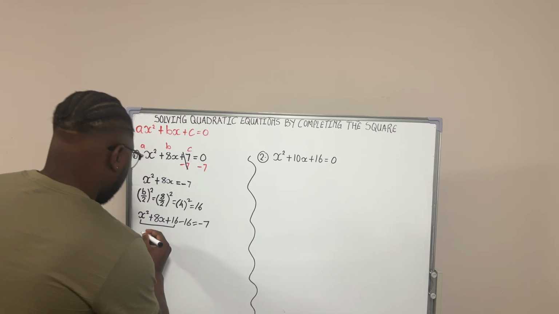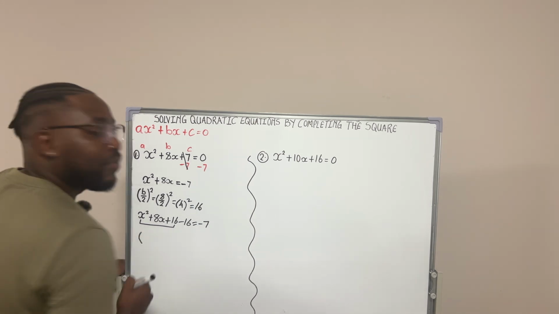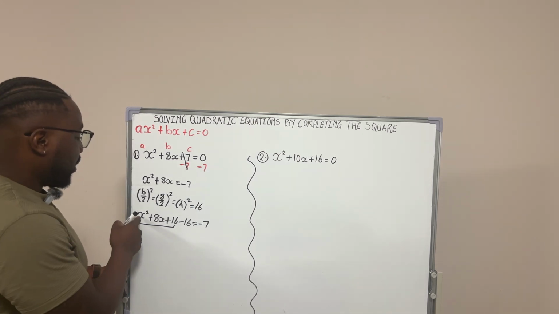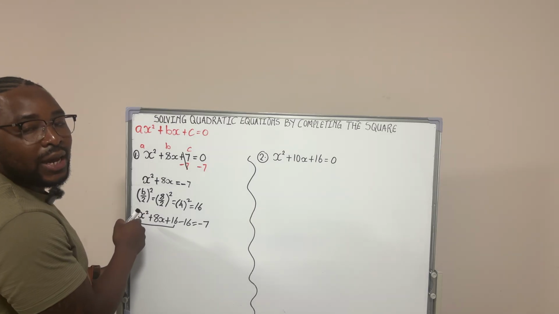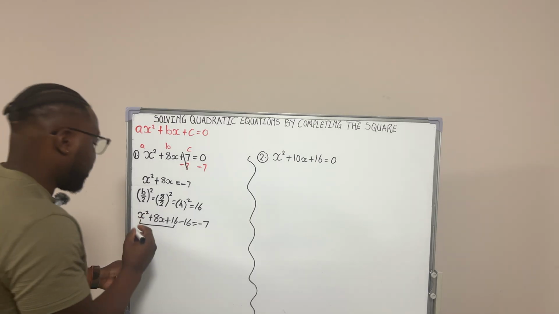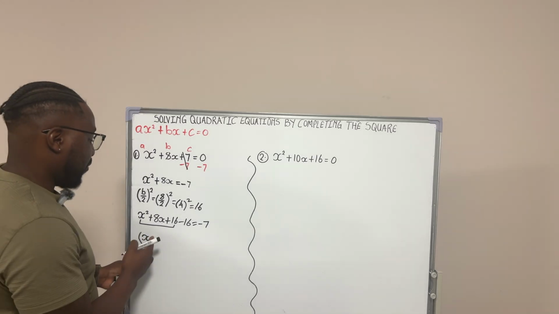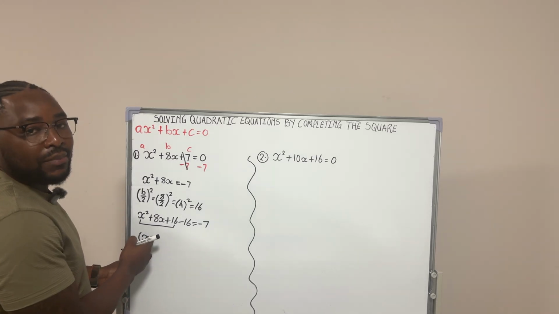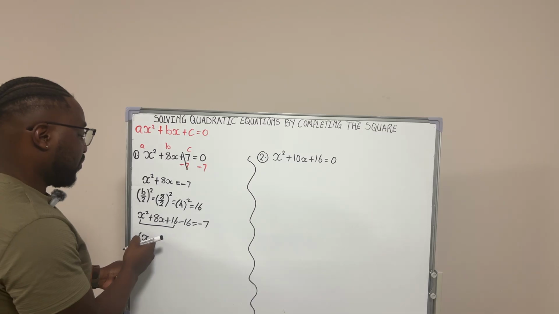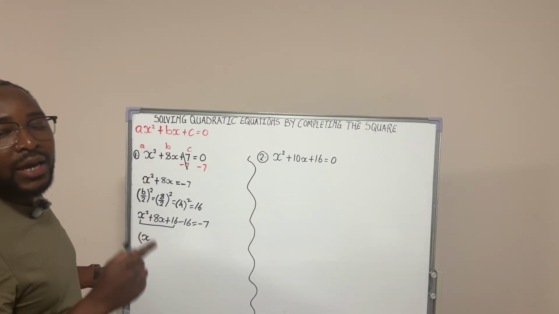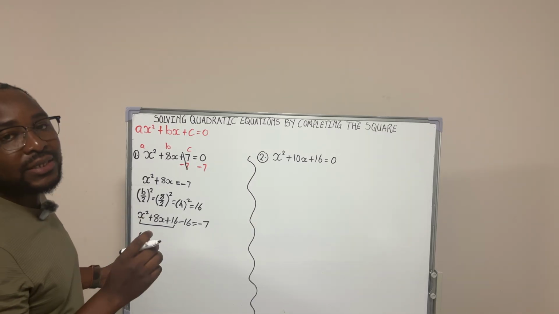We open our brackets. We take the square root of our first term, which is x squared, and the square root of x squared is x. Now we have to find our next term. How do we get that term? We just take half the coefficient of x.